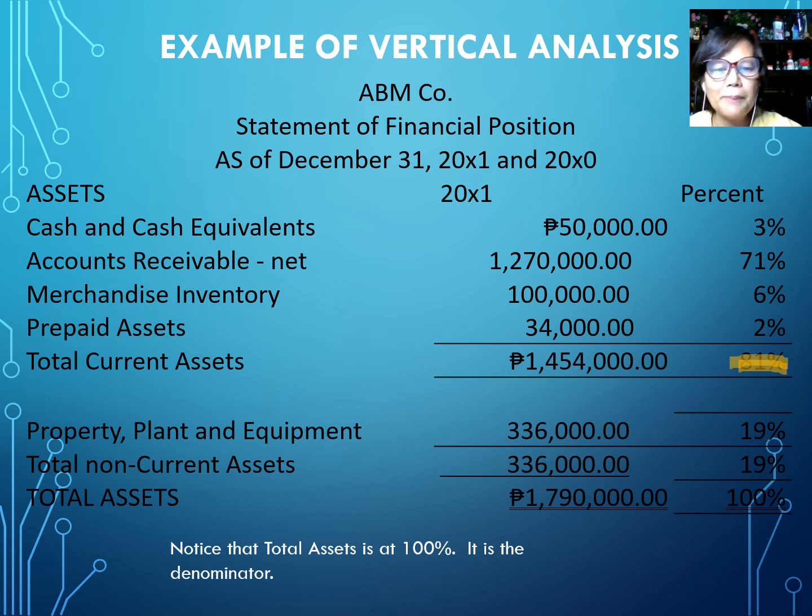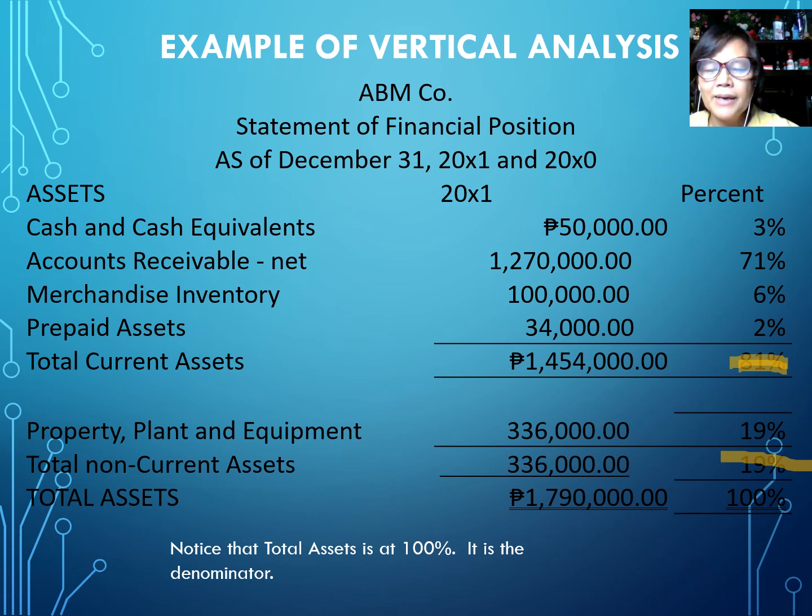And then how about property, plant, and equipment? Remember that it is a net. 336,000 over 1,790,000, it is what? 19%. Then the same, because there is no other item for the property, plant, and equipment, therefore the same percentage of 19%.